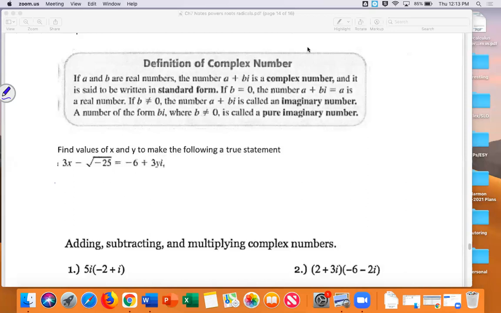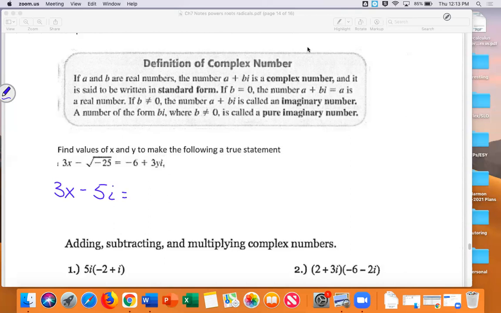We have 3x, nothing I can do to break that down. But Leah, do you see how I have the square root of -25? What is the square root of -25? So I'm just going to write it as 5i. So the left side is written as 3x minus 5i.